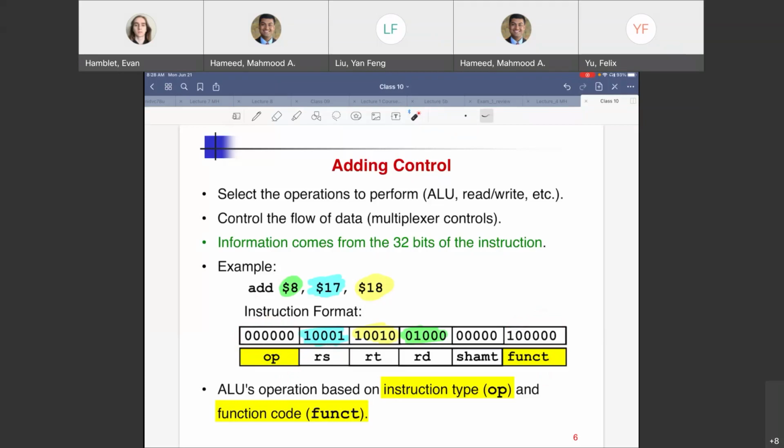For the main control block, it is this. Input to main.